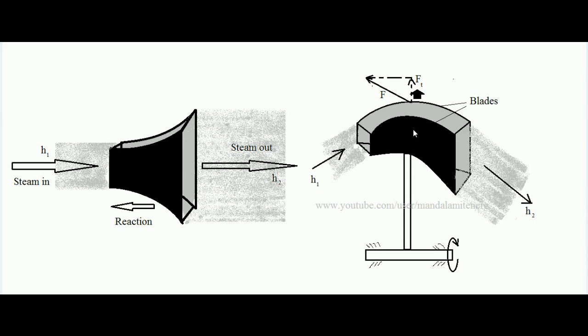So in case this nozzle is going inside the screen, it will rotate the shaft like this. So when steam comes out with higher velocity, it will give a reaction in negative direction. This is the direction of flow of steam, this is the direction of reaction. One component is pushing the nozzle to go inside the screen and rotate the shaft like this as I am showing by arrow. So this is the principle of impulse reaction blades.